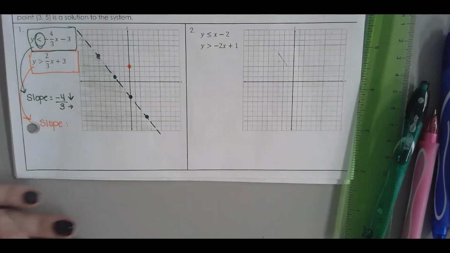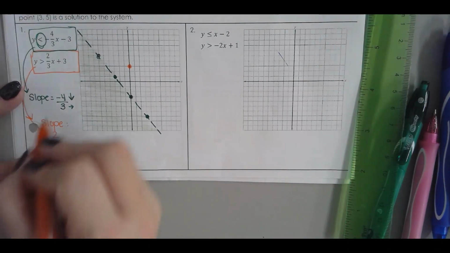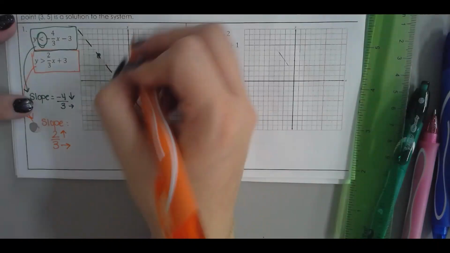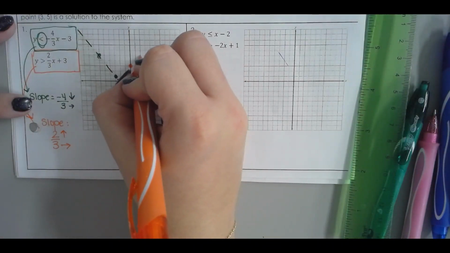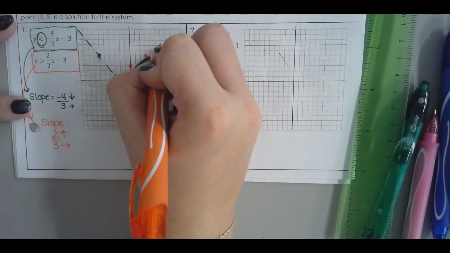My slope is 2 over 3, which means I'm going to count up 2, right 3. Up 2, right 3.